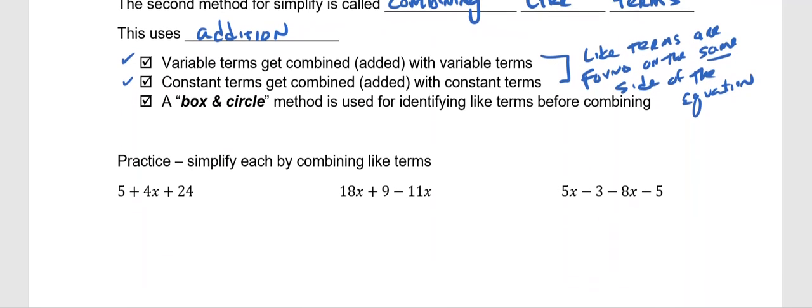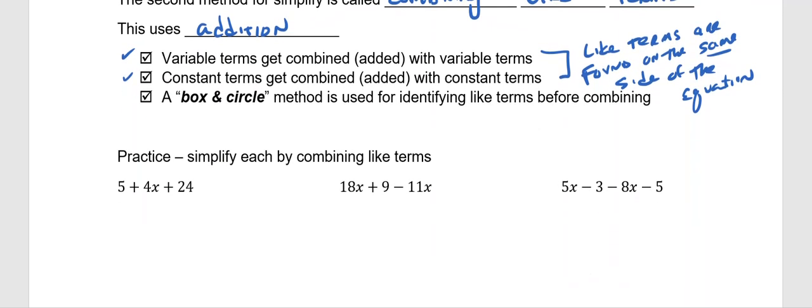Most importantly, we're going to use a method that I like to use for identifying like terms, which uses boxes and circles. I like to put boxes around terms that are alike, and circles around the other type of terms that are alike. Then, knowing that combining like terms is addition, I just add the pieces in the boxes together, or add the pieces in the circles together.